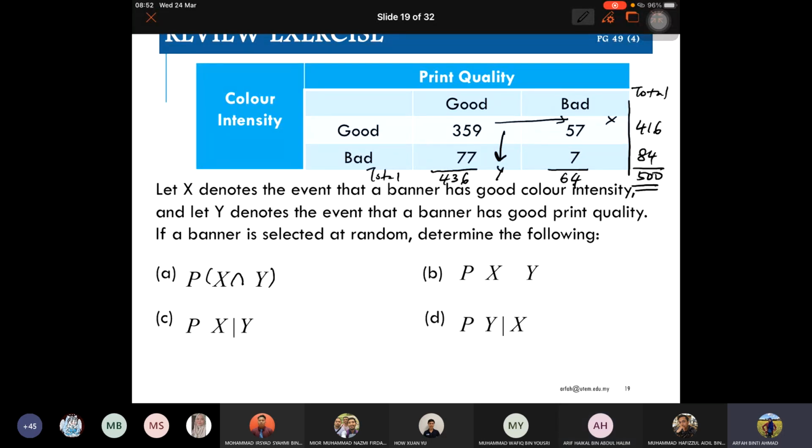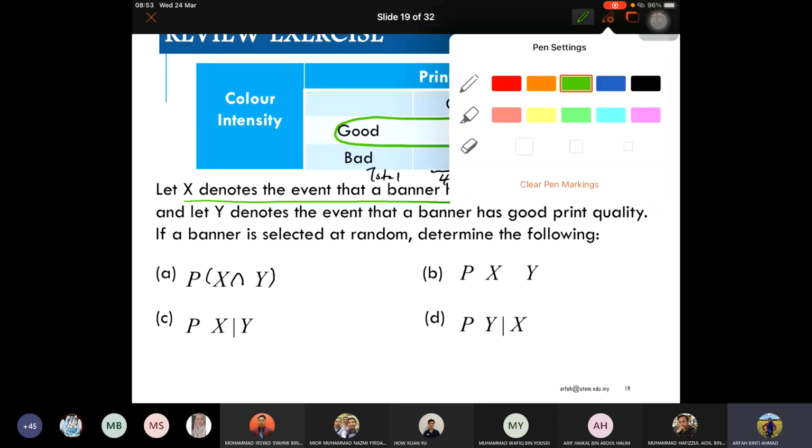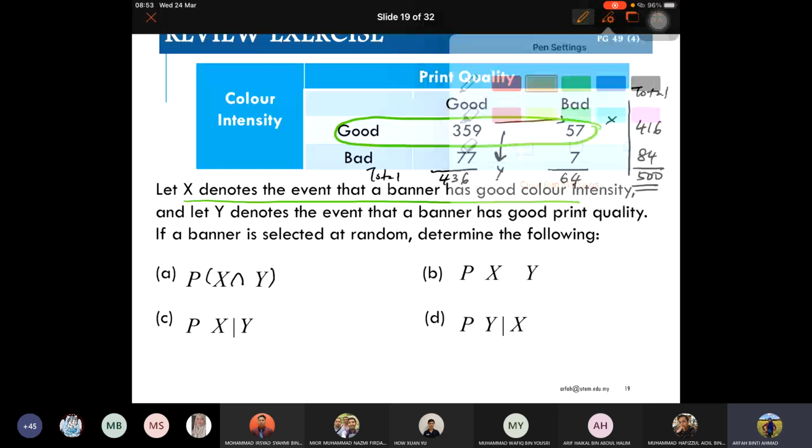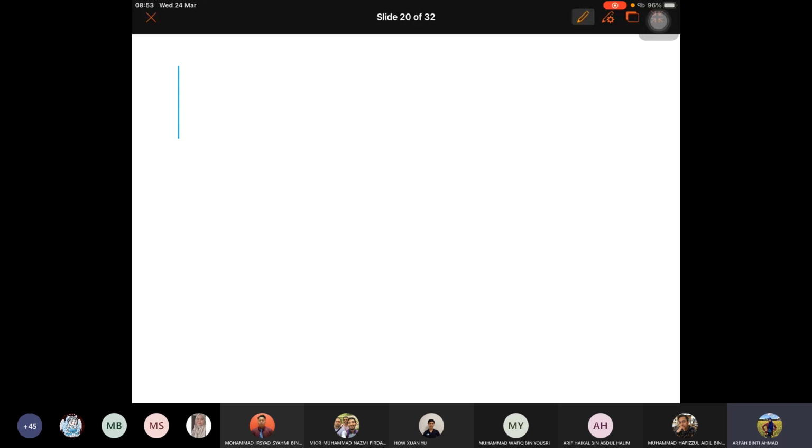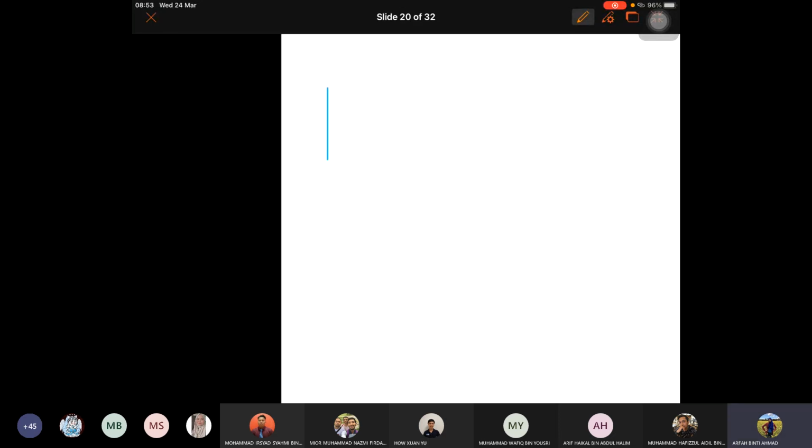So let X denote the event that the banner has good color intensity. That means X ni good color intensity. So yang ini event X. Okay. A banner has good color intensity and then let Y denote the event that a banner has good print quality.